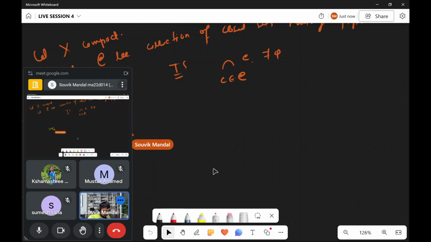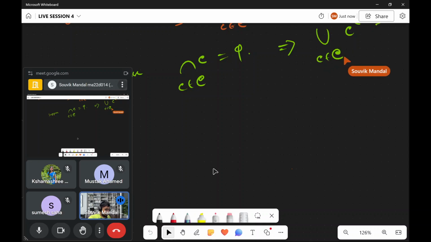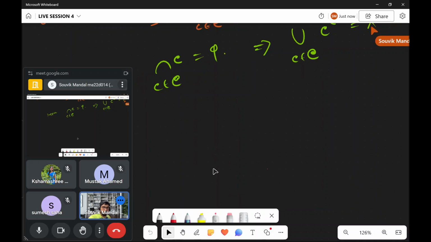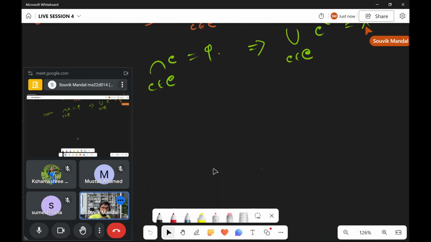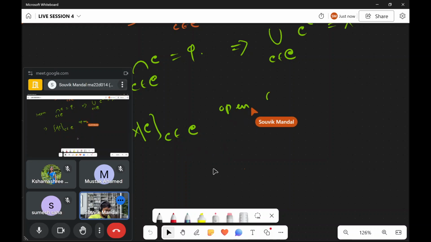Suppose the intersection of C, for C belonging to the collection, is empty. So this implies the union of the complements of C is the whole of X. So this implies this collection of complements of C is an open cover of X.